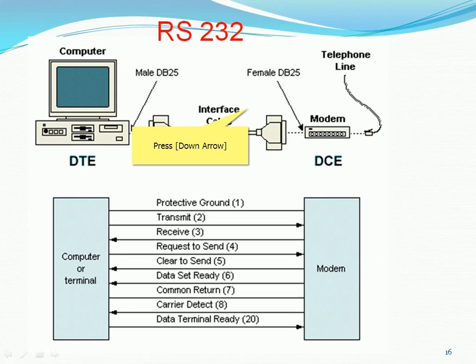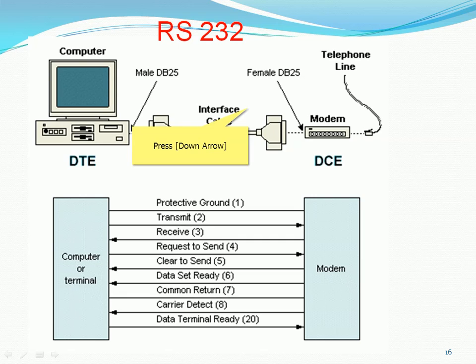There is a connector on this side towards the computer and on the other side towards the modem. Here the example is a modem; in another case it may be a printer, a keyboard, or a scanner. So the different input devices and output devices we can connect through the RS-232.